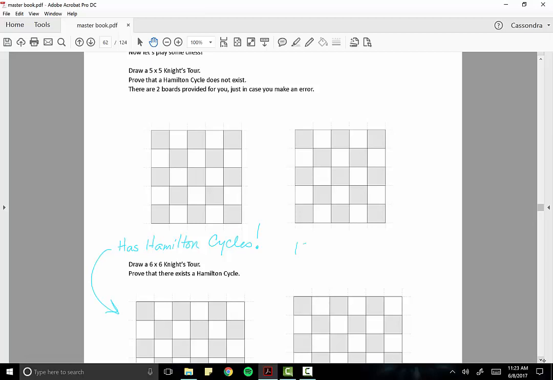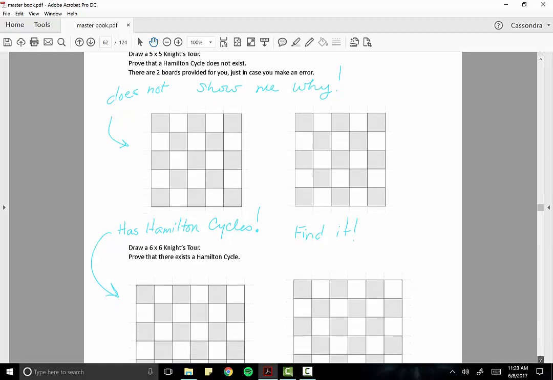You need to find it. Don't look it up online. This one does not. You need to show me why. Okay? So that is all I'm looking for in this group work activity.